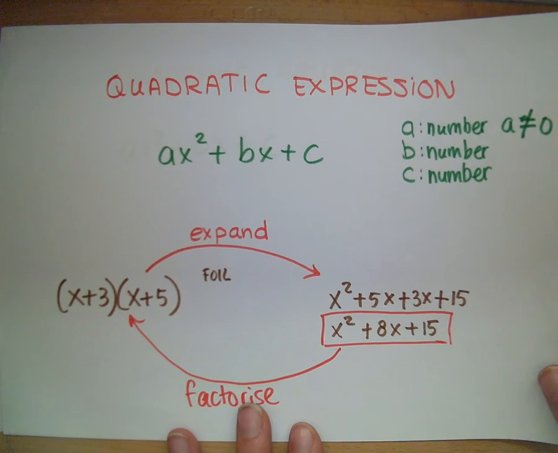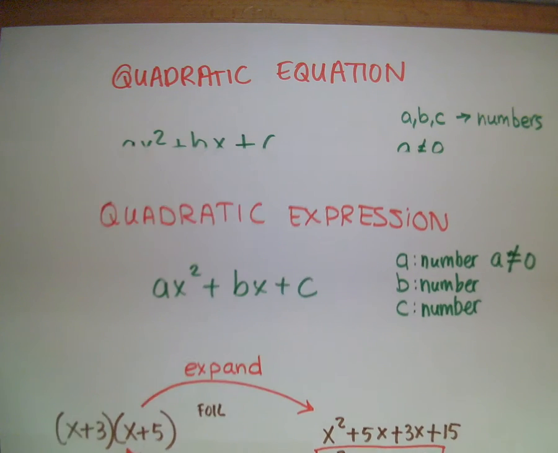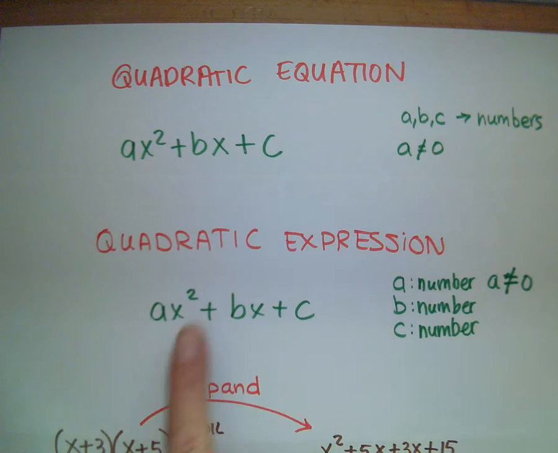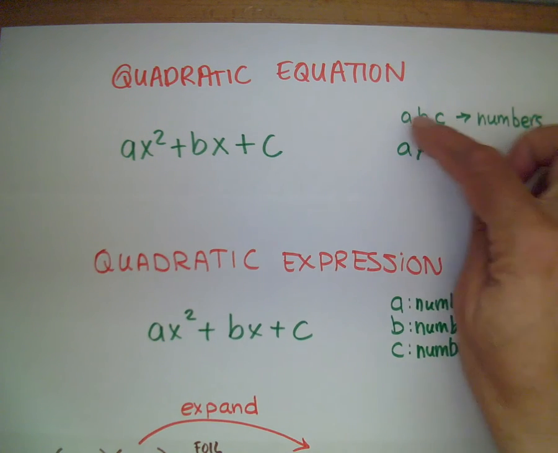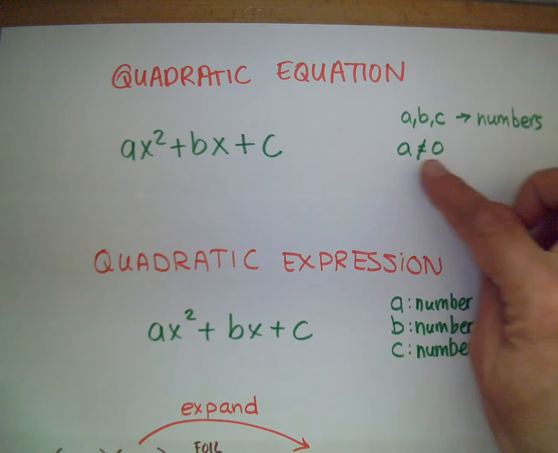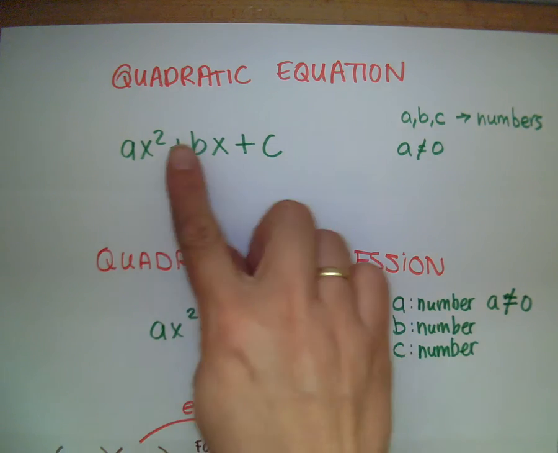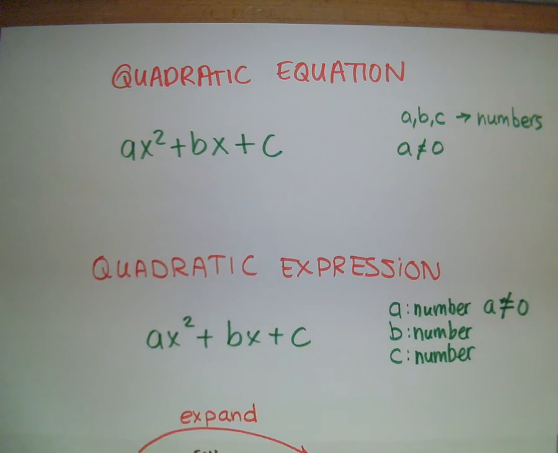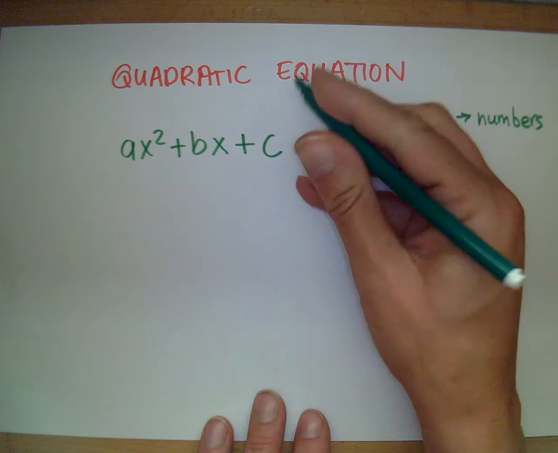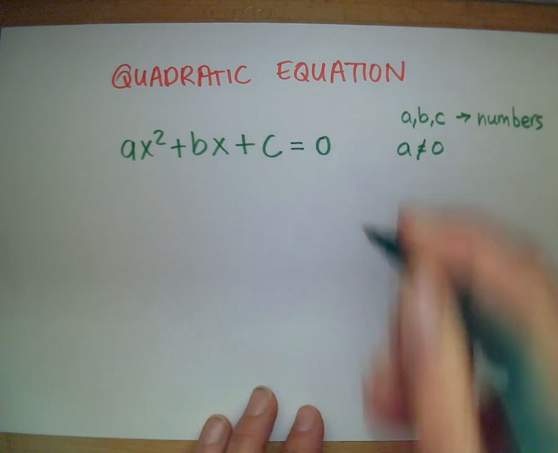Today we're looking at quadratic equations. A quadratic equation is really a quadratic expression where A, B, and C are numbers and A is not allowed to be a 0, just like here. But a quadratic equation is a quadratic expression that we've set equal to 0.